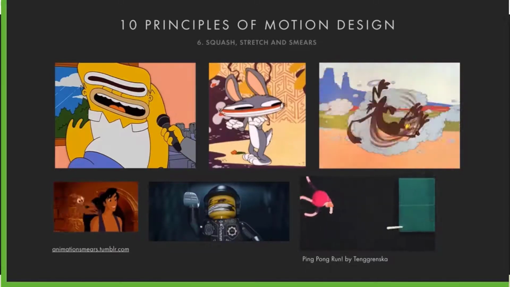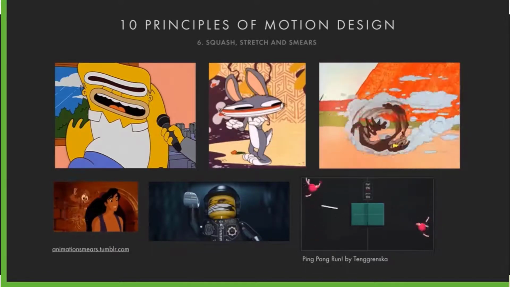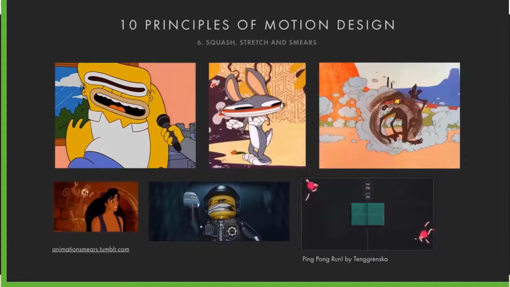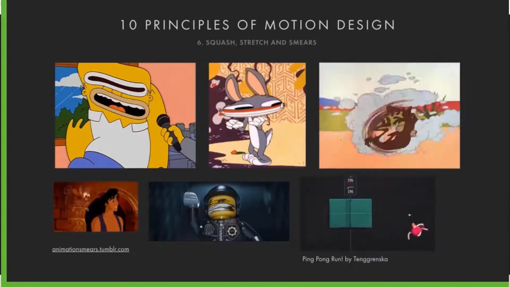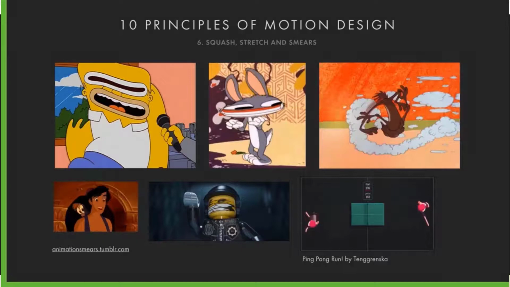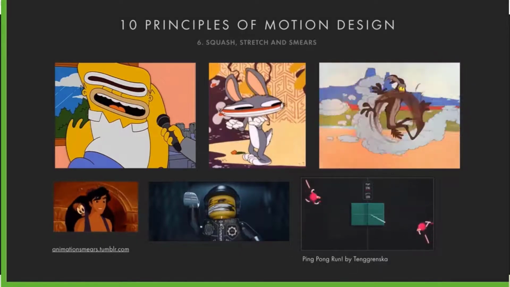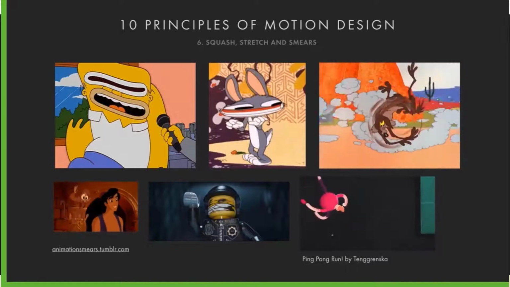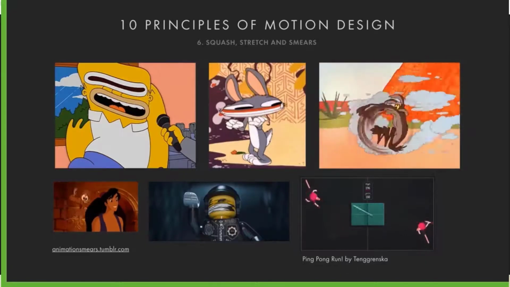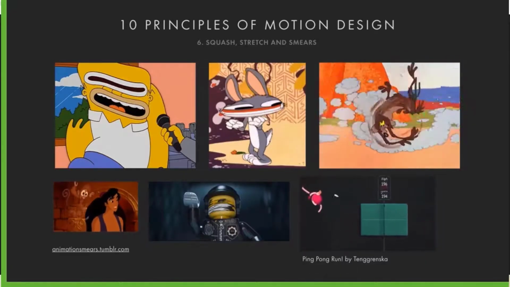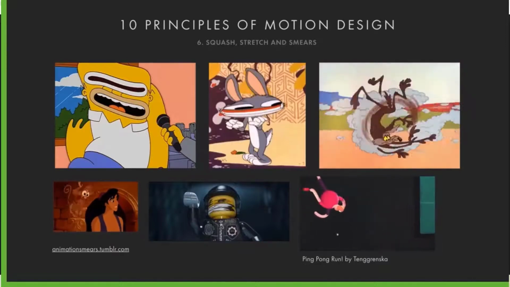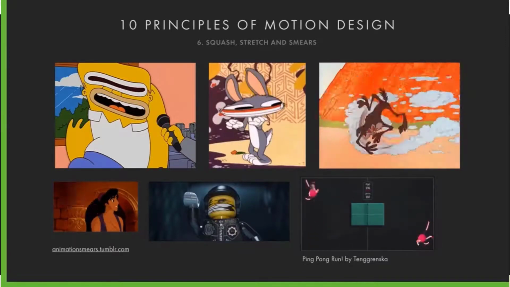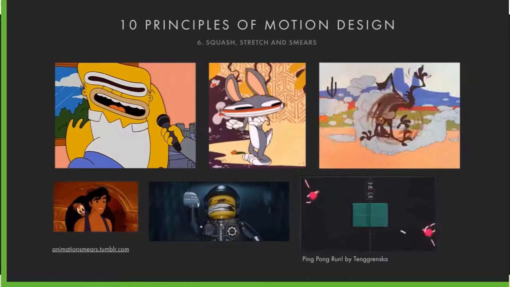So there's that squash, but this is a unique way of doing that, called smear. Here you can see the Simpsons, and this other cartoon here, having this smear. The idea is that it gives the sense that this particular thing is in motion, is in speed.